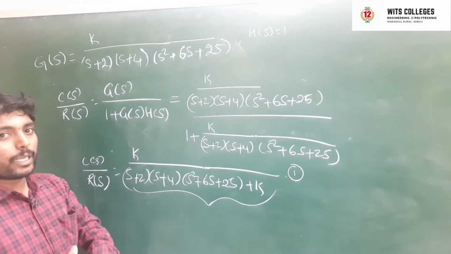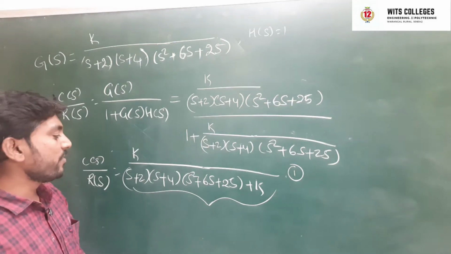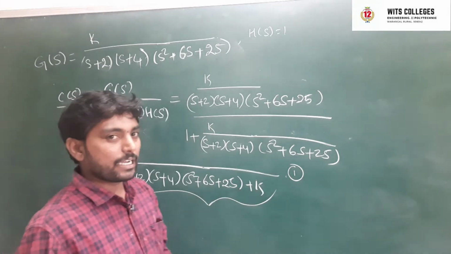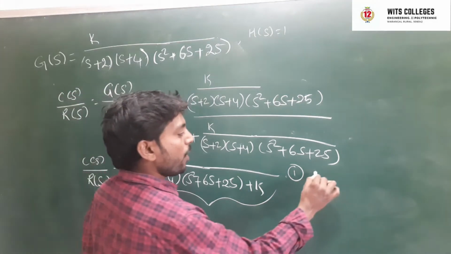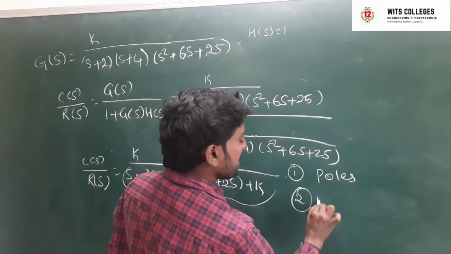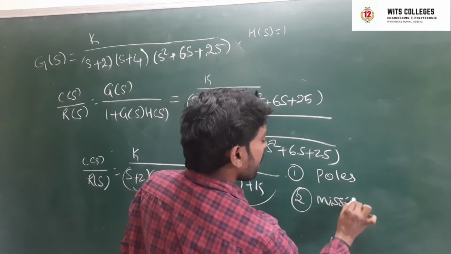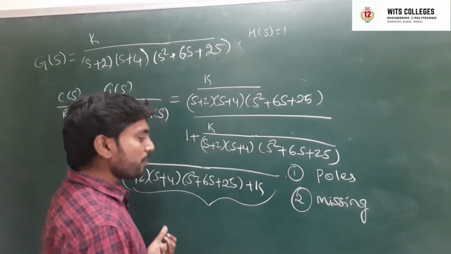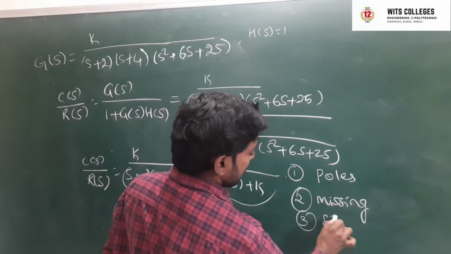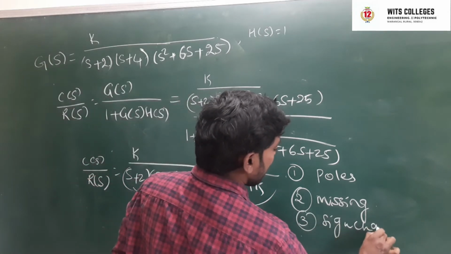The next one is that no missing terms are present in the characteristic equation. What is meant by missing terms? We will see now. The next one is the sign changes.